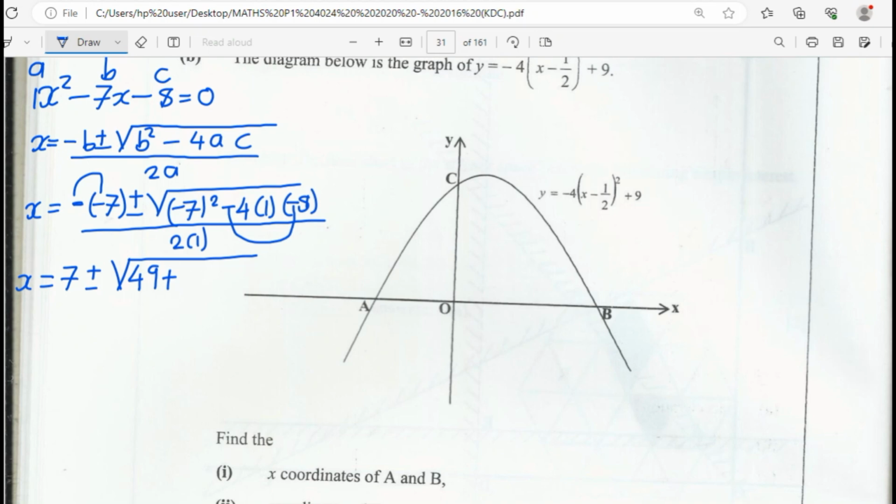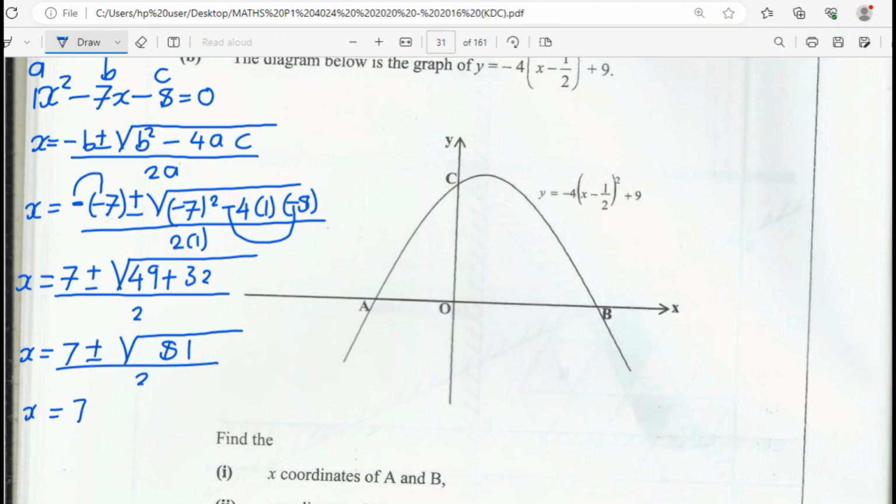So if we multiply 4 times 1 is 4, times 8 will give us 32, over 2. So as our x, 7 plus or minus the square root of 49 plus 32 will give us 81 over 2. So what is the square root of 81? Is just 9 over 2.